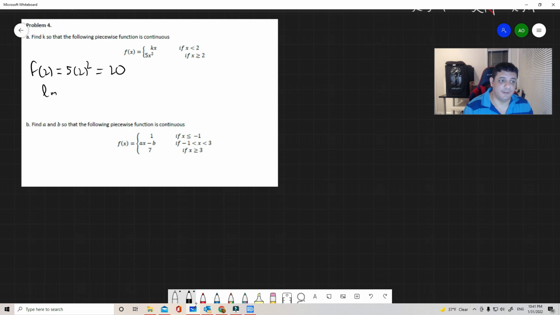The limit when x goes to 2 from the right side is using this same function, 5x squared, and so this is going to produce a 20. But now we want the limit from the left side to be the same thing.